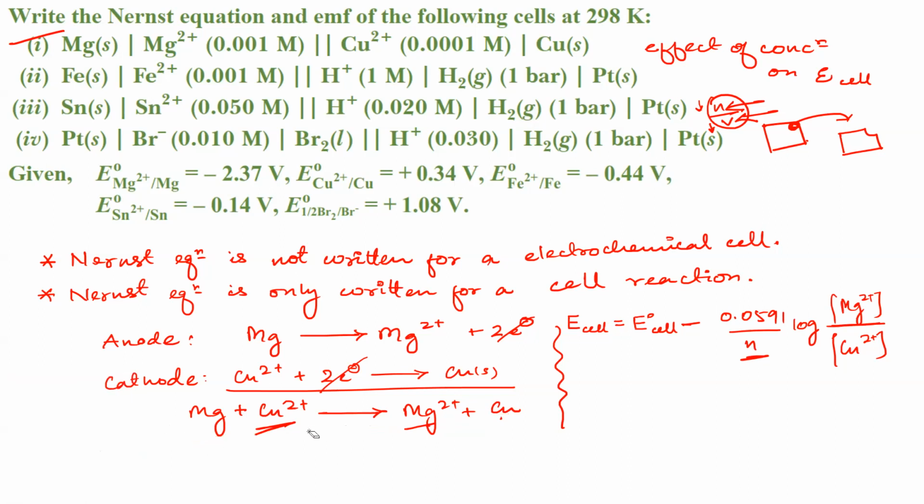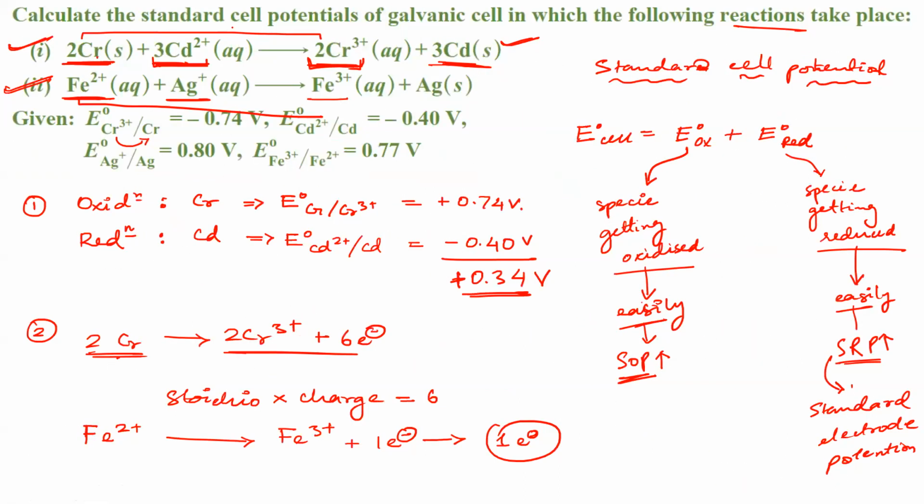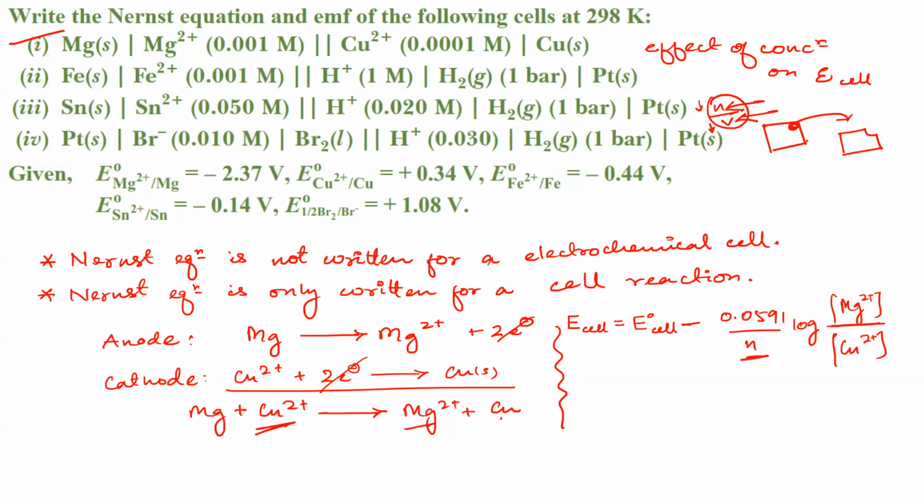Now you can substitute the values. You can calculate the E naught cell the same way as before, using oxidation and reduction to calculate the standard cell potential. At the anode we have oxidation, so Mg2 plus becomes plus 2.37, and copper 2 plus is 0.34. You add these two values, right?